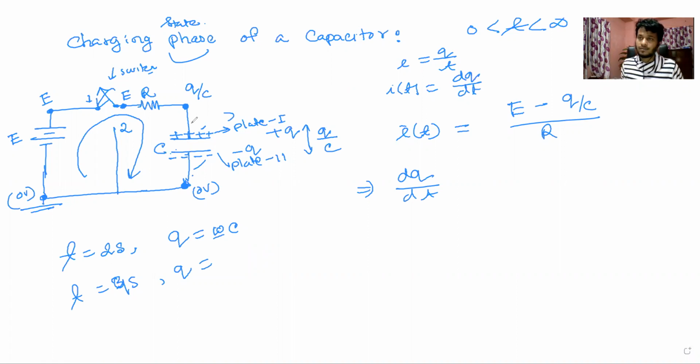We have seen that more and more charge will get stored on this capacitor until the steady state condition is achieved. Of course, the transfer rate of charge will not always be the same. The transfer rate will be lower, but it is true that the charge on this capacitor plate will increase.